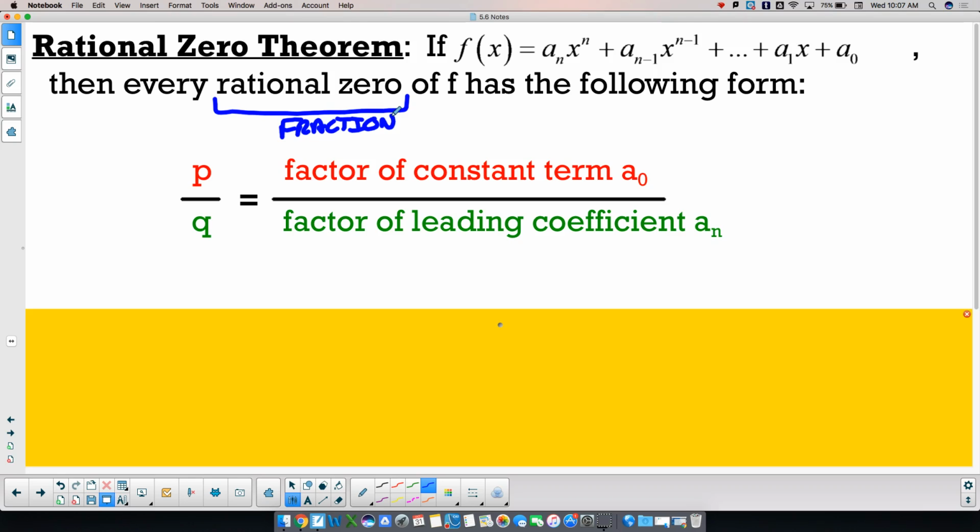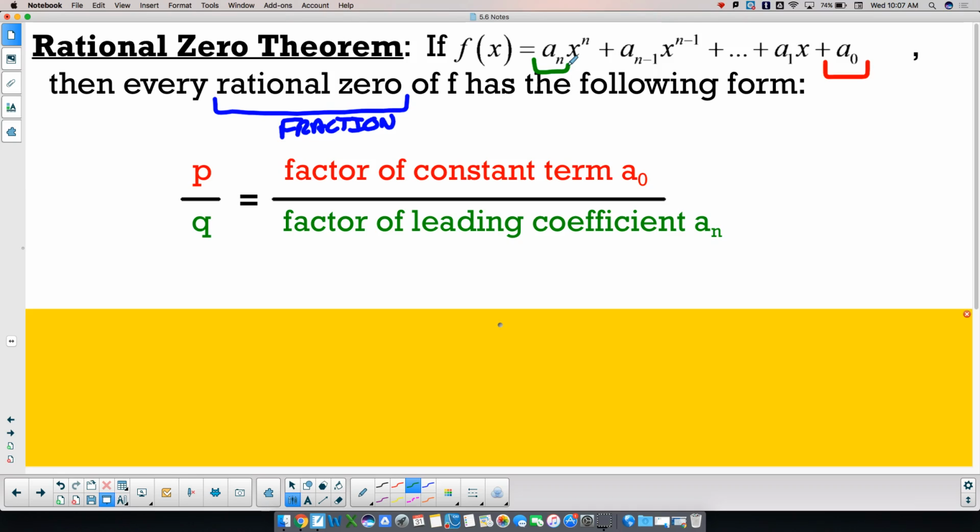P is a factor of our constant term, that number that comes at the very end. So I take all the factors of that constant term, and I divide them by all the factors of my leading coefficient.